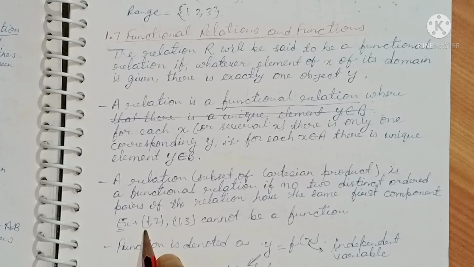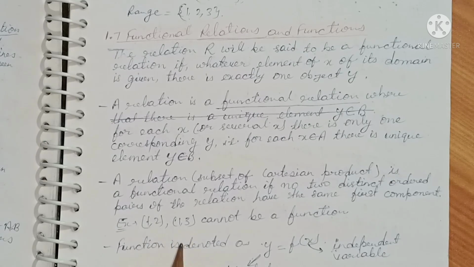I will show you here. For example, if a condition or limitation gives us these two ordered pairs, (1, 2) and (1, 3), you can see the first element in both is the same, so this cannot be a function.